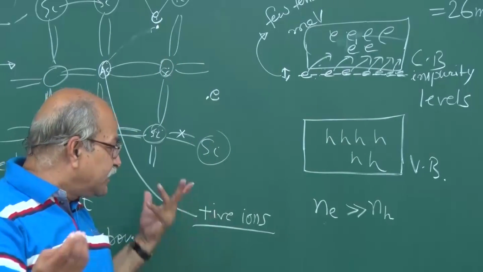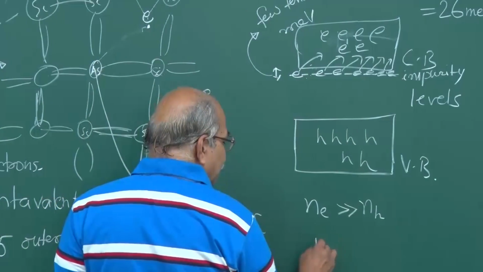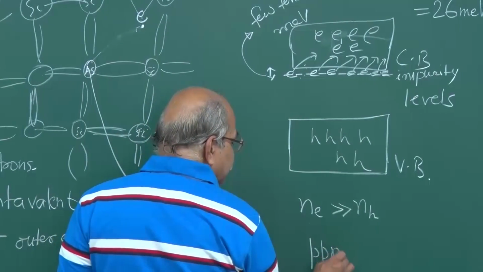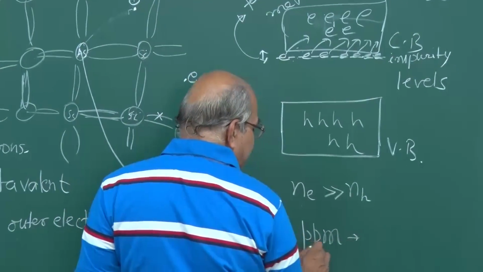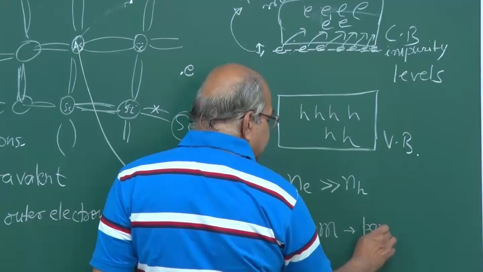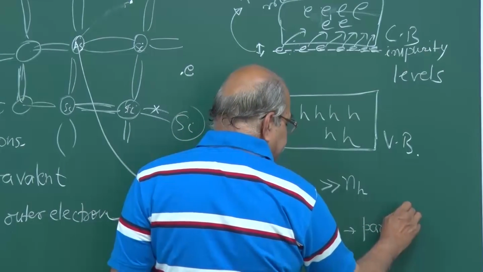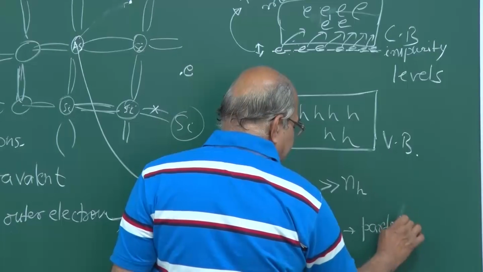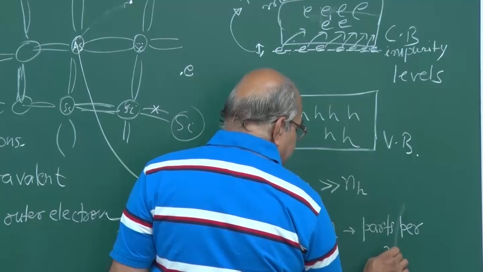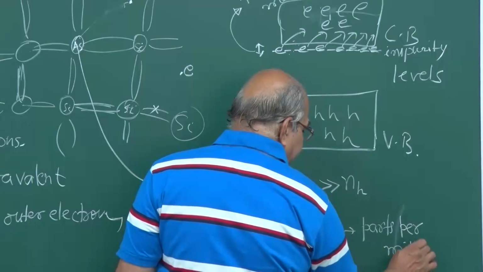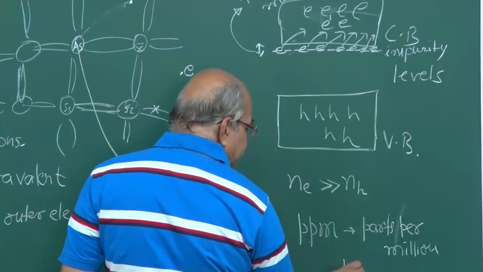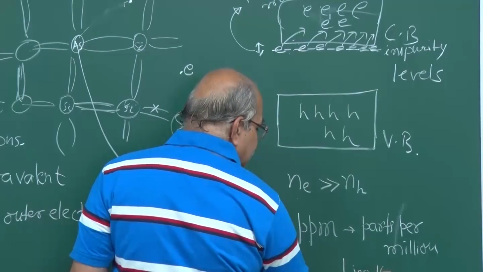Normally, let us say ppm type doping. What is ppm? Parts per million, 1 in 10 to the power 6.